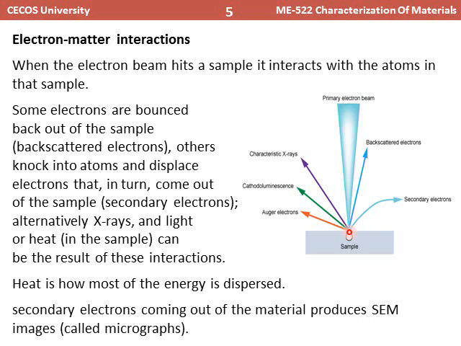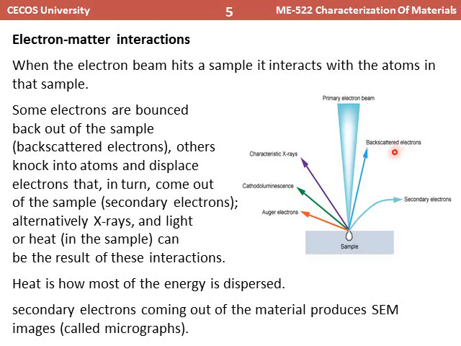As atoms are comprised of electrons and the nucleus, in the outermost shell the electrons will probably be knocked out of the atoms. If these electrons are knocked out, then they go out of the specimen and they are referred to as secondary electrons. So these secondary electrons are totally different from the backscattered electrons.